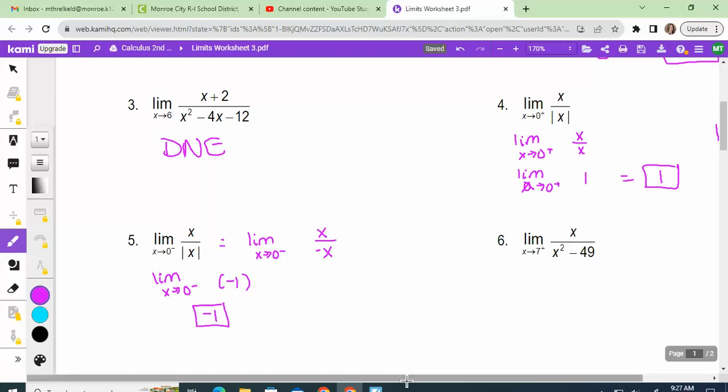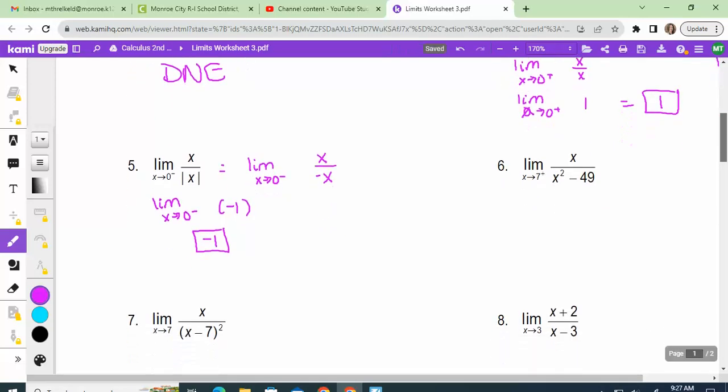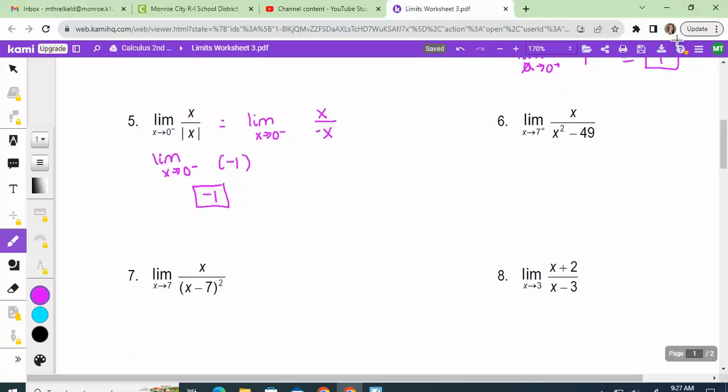All right, number 6. We can factor, but does anything reduce? No. The top is going to 7. The bottom, you're putting in something bigger than 7, squaring it, and subtracting 49. So what kind of number are we getting on the bottom? It's approaching 0. Is it positive or negative? Positive.